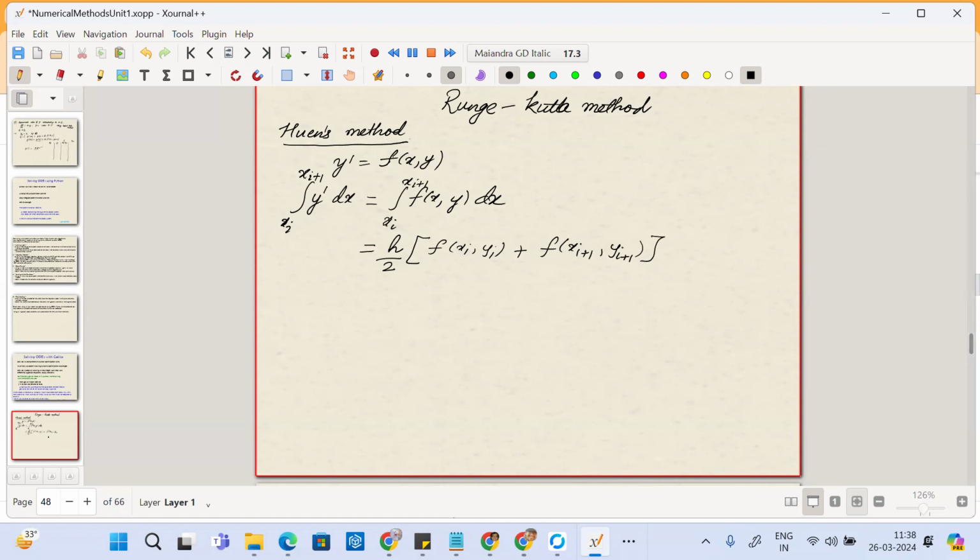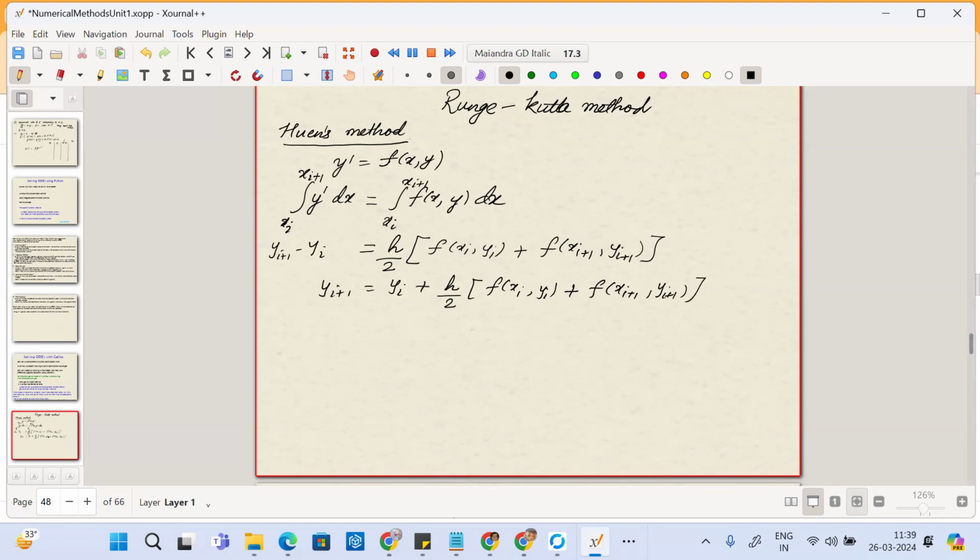Here it will be yi+1 minus yi. So now yi+1 equals yi plus h over 2 times f(xi, yi) plus f(xi+1, yi+1).